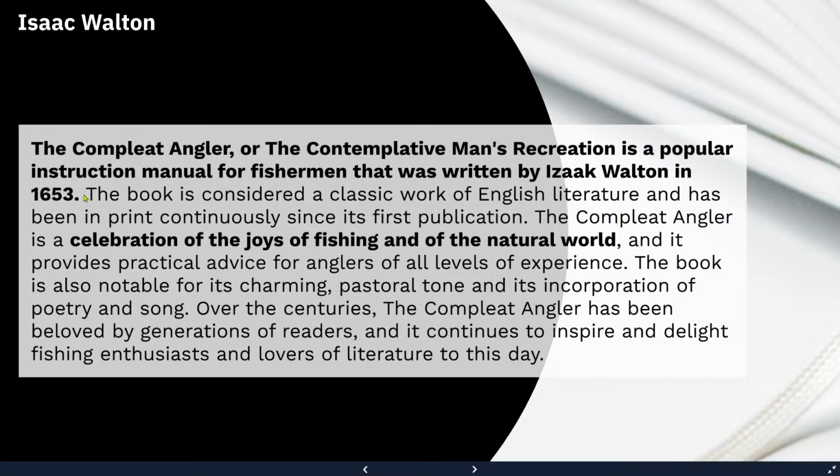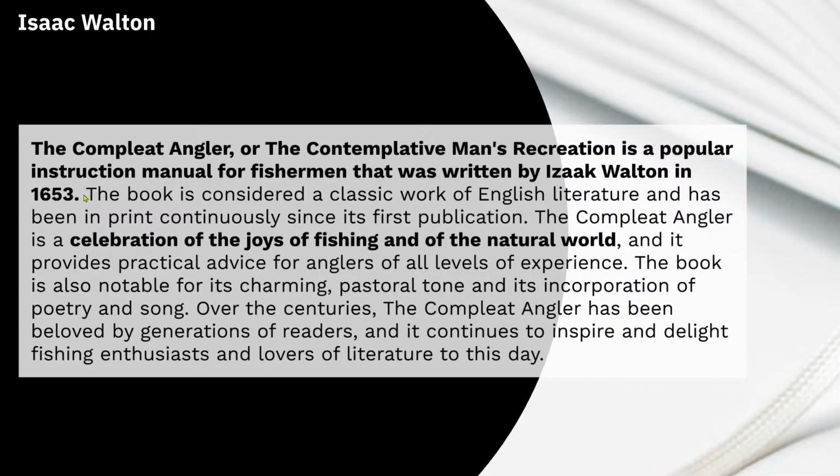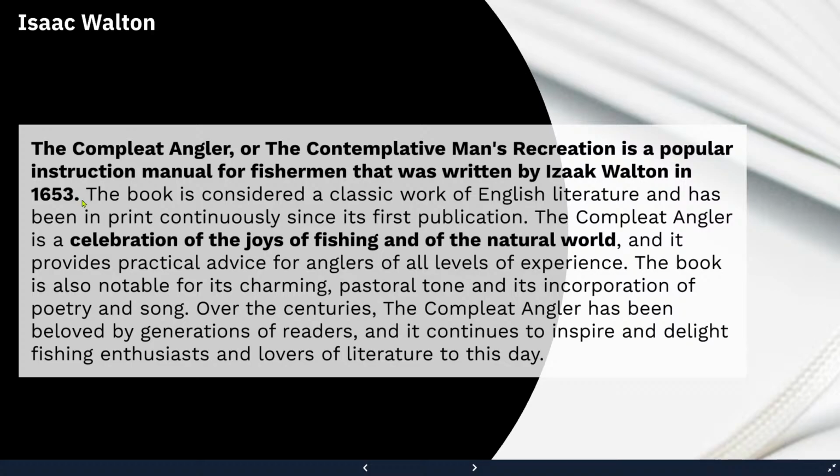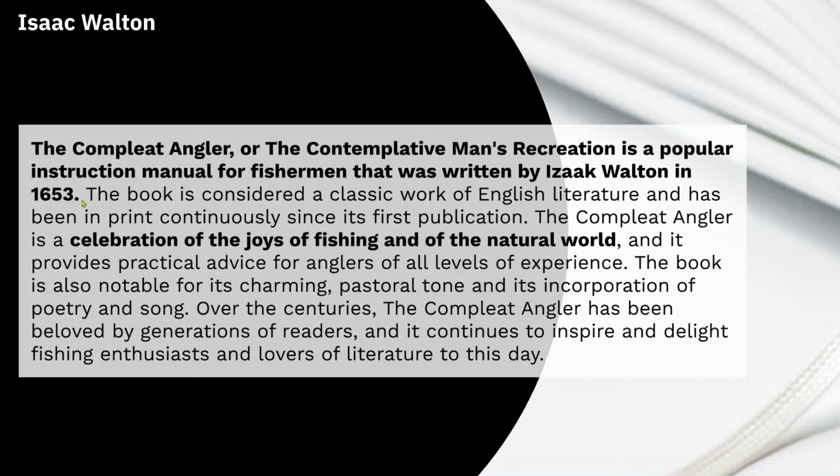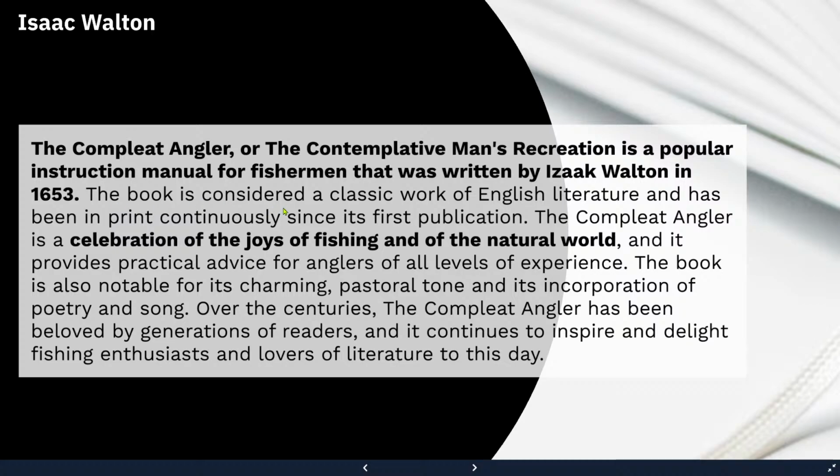All of the writers mentioned in the options are from the 17th century, and they were all somewhat related to the same fields of study, like politics, theology and more. The book is considered a classic work of English literature, and The Complete Angler is a celebration of the joys of fishing and of the natural world.